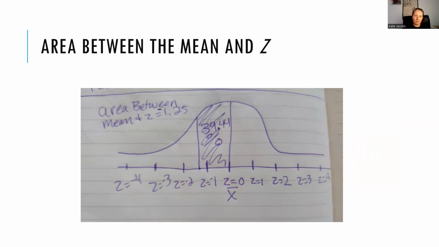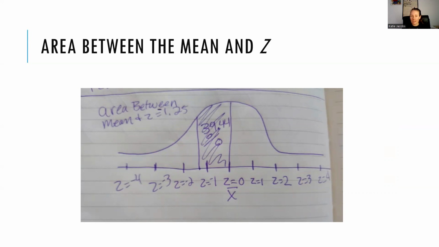For example, on this beautifully drawn image, we are looking to see what the area between the mean and Z of a negative 1.25 Z-score was. We remember that these only have the absolute values of the Z-score. So in our chart, we'd look for a Z-score of 1.25.